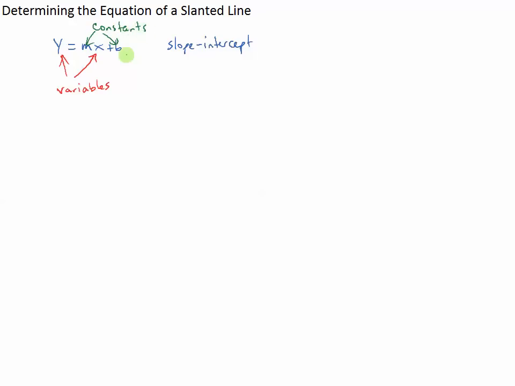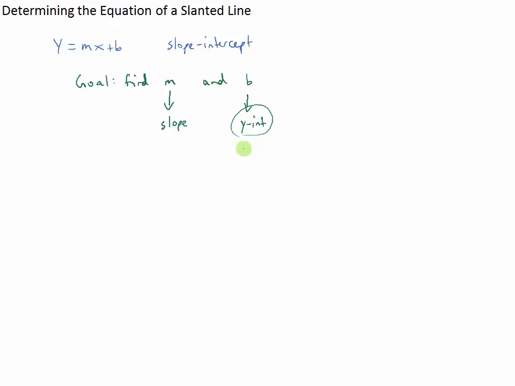So our job when we want to find the equation of a line is to find the m value and the b. So our goal: find m and b. M is the slope of the line, and b gives us the y-intercept. Now we're not usually interested in the y-intercept necessarily, but it just happens that this constant b helps us get the y-intercept, okay?